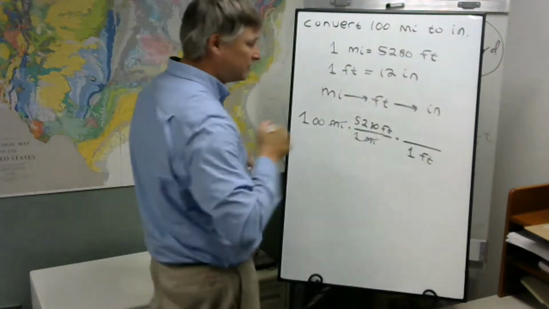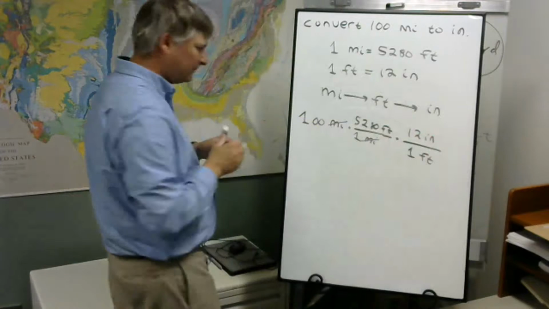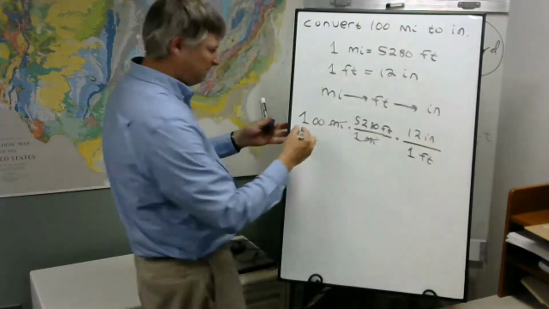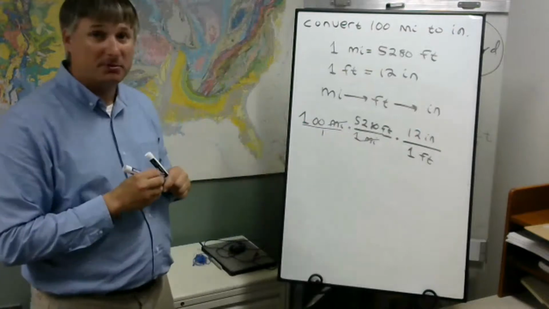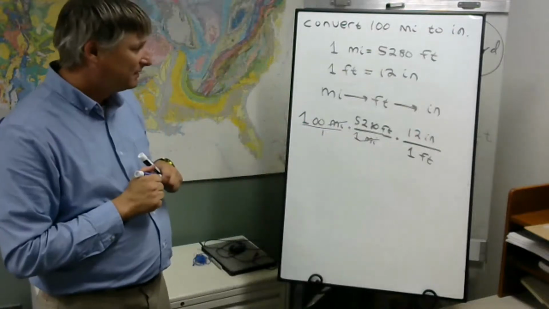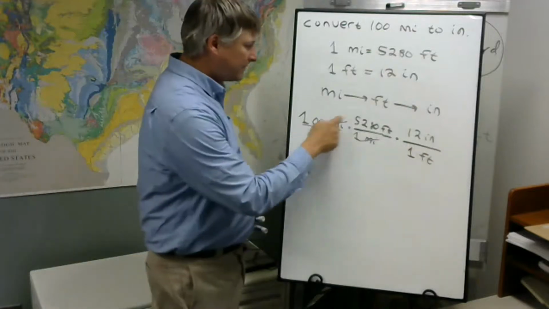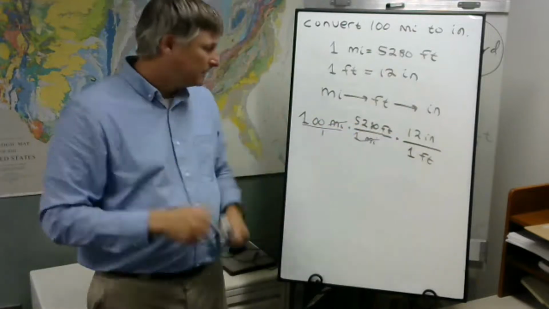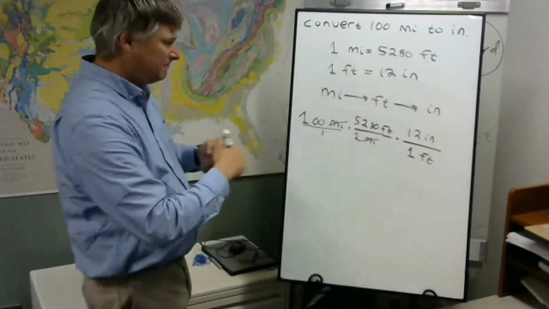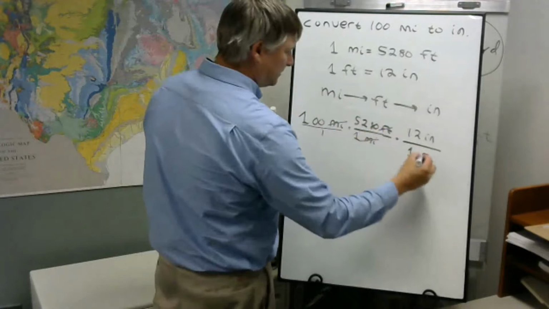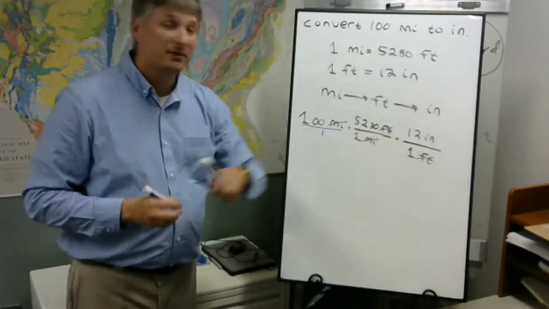And that means 12 inches has to go on top. And just to be thorough, there's that invisible 1. It'll help us do multiplication. So now we just multiply across, multiply everything on the top together, multiply everything on the bottom together. And sure enough, just to double check, feet, they're canceled. They cancel when there's a top, it shows up in the top and bottom.